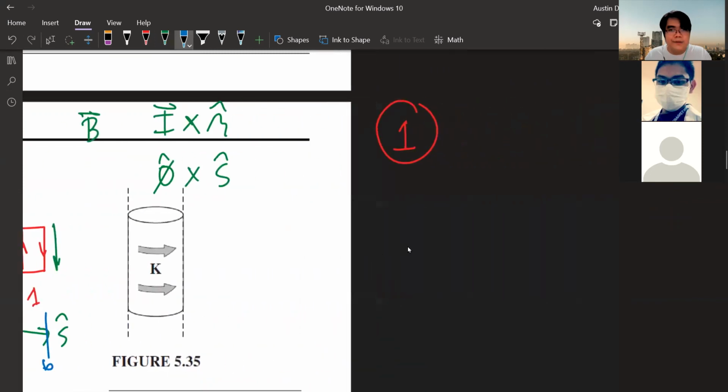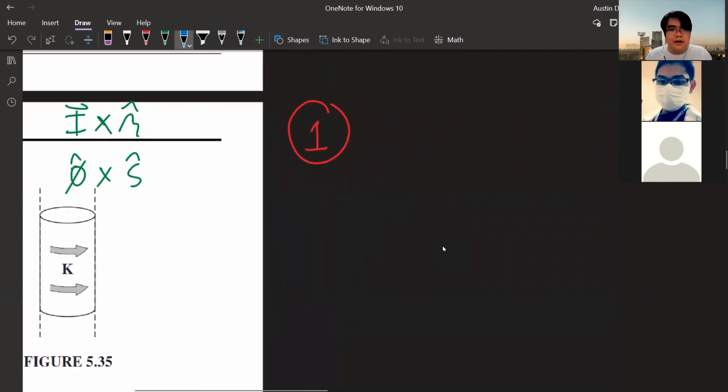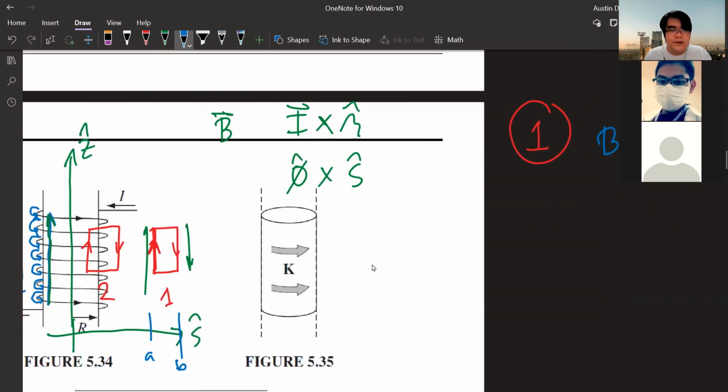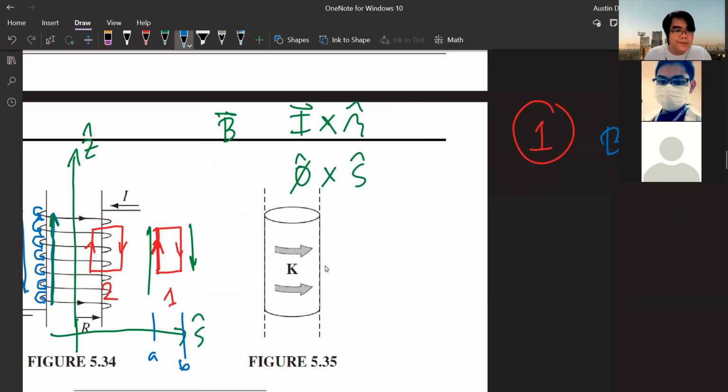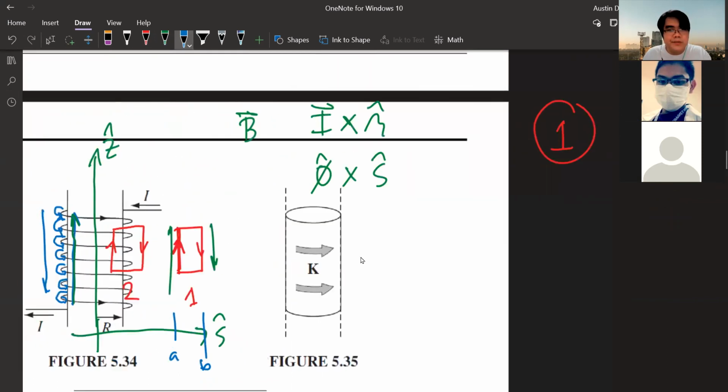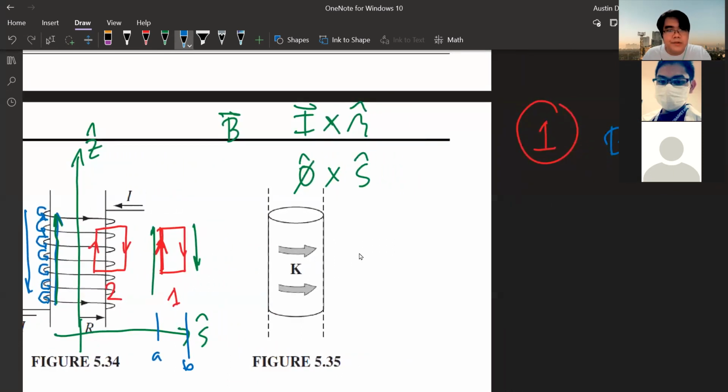Okay. So, sa loop number 1, yung DL ko ay, wait lang, double check ko lang ang aking sagot.